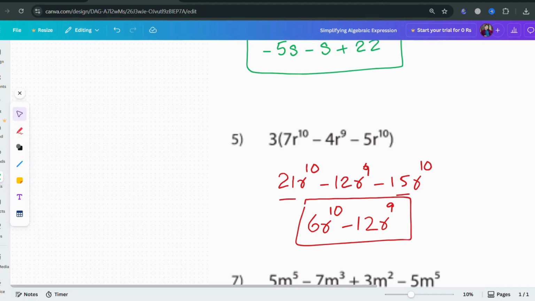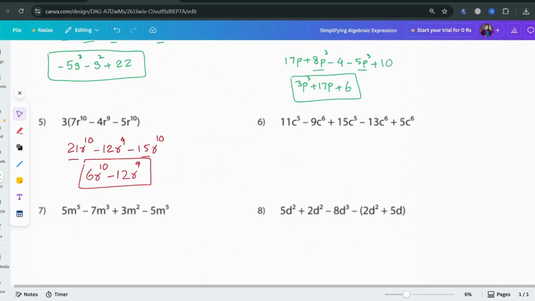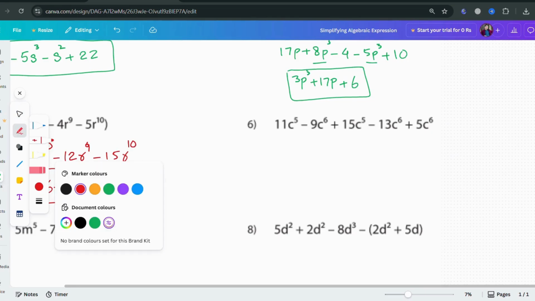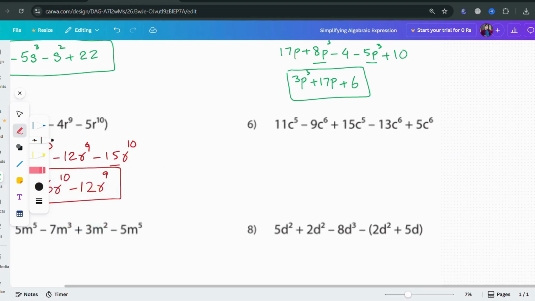I'm going to move towards the next question real quick now. This is question number 6. For this one, all the terms which are like, I'm going to combine them, like 11c to the power of 5, this one and this one, they are the like terms, right? I'm going to combine them and it's going to give me 26c to the power of 5.